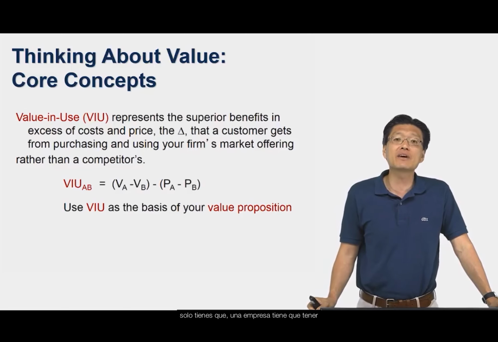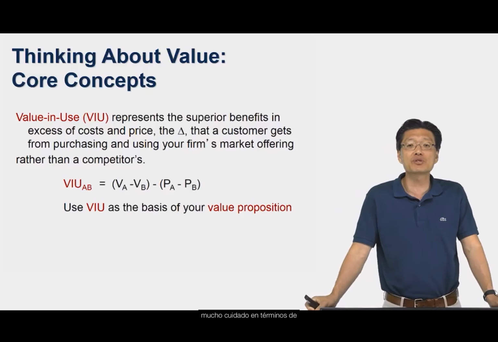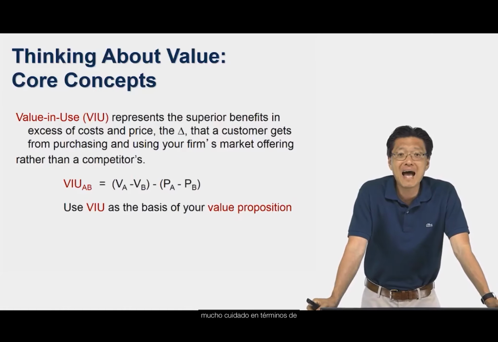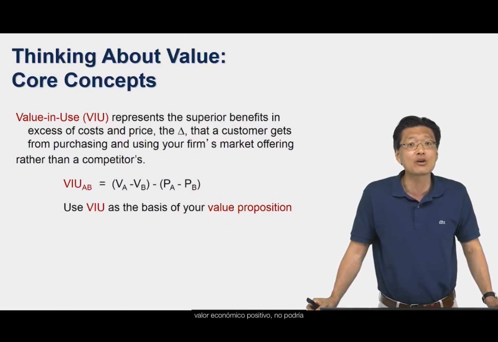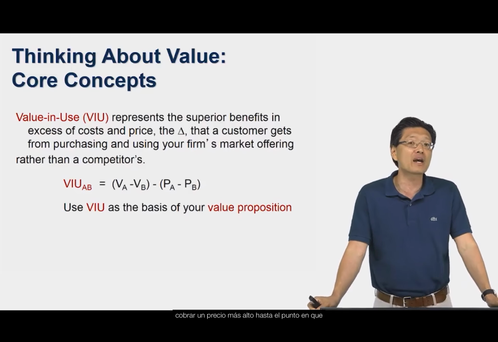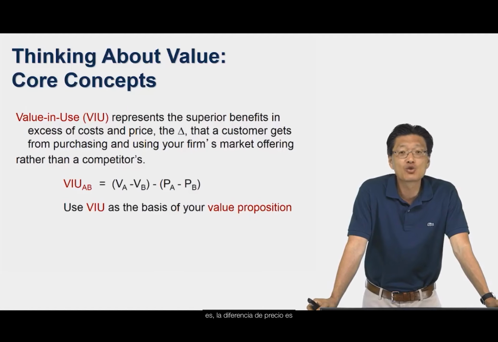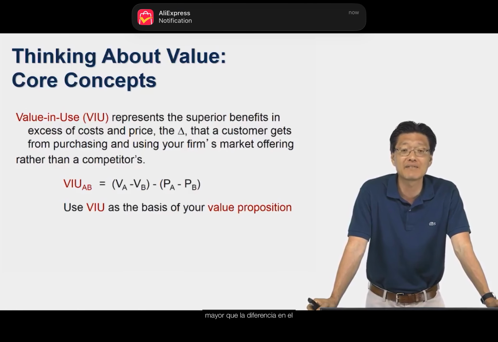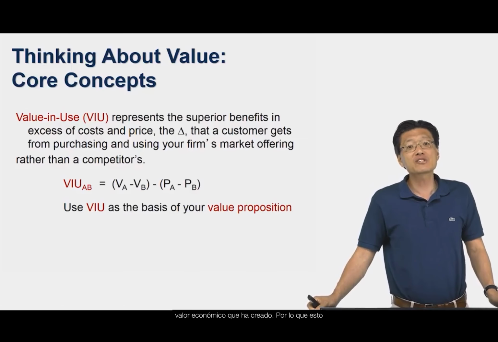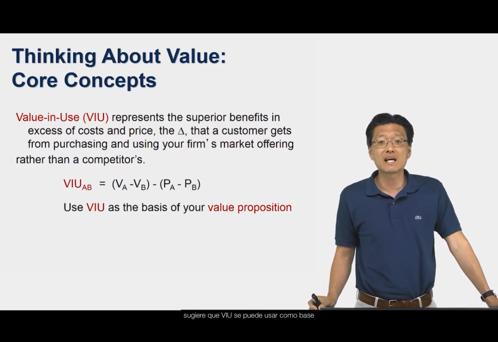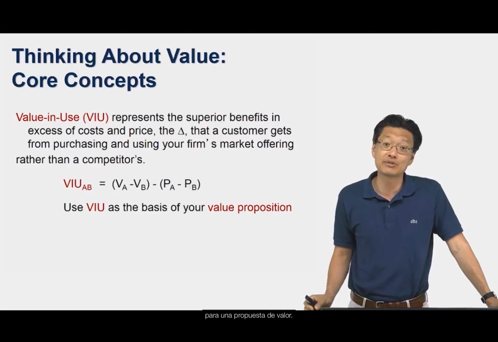A company has to be very careful about the price it charges above and beyond brand B when it has created a positive economic value. It cannot charge a higher price to the point where the difference in price is greater than the difference in economic value that it has created. So this suggests that VIU can be used as a basis for a value proposition.